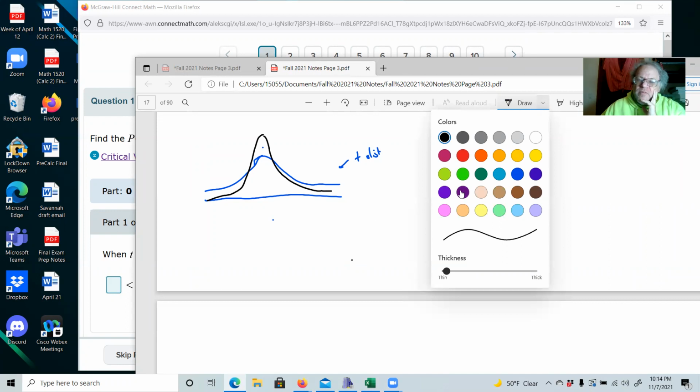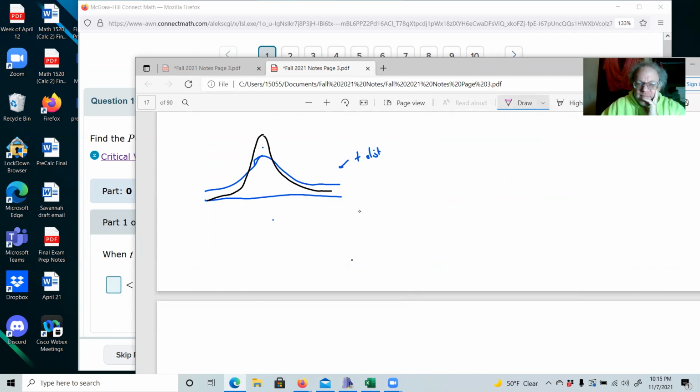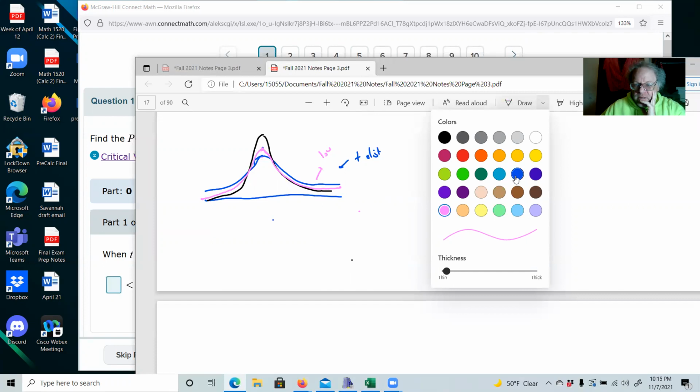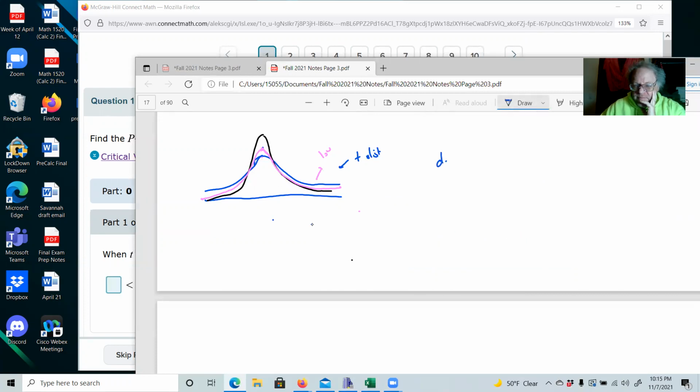And the more information you know, the larger the n, the tails are going to be a little bit smaller. So the blue one would be a low degrees of freedom.